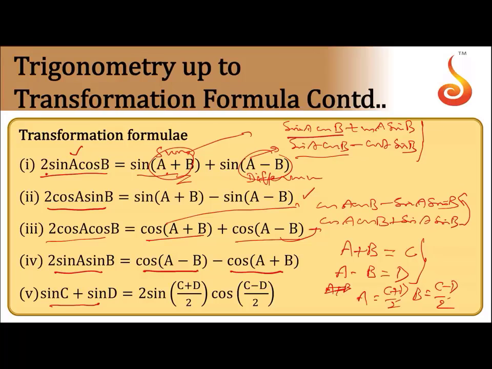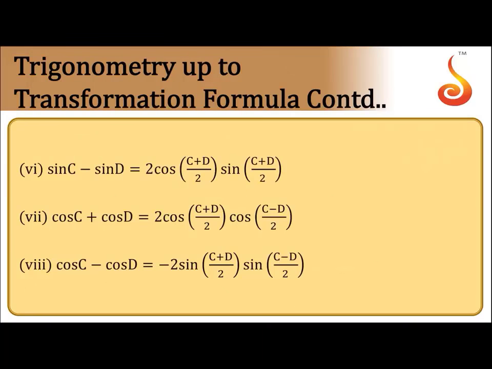So from this formula, we will be getting sine C plus sine D is equal to 2 sine C plus D by 2 cos C minus D by 2. The rest of the formulae also can be derived this way.